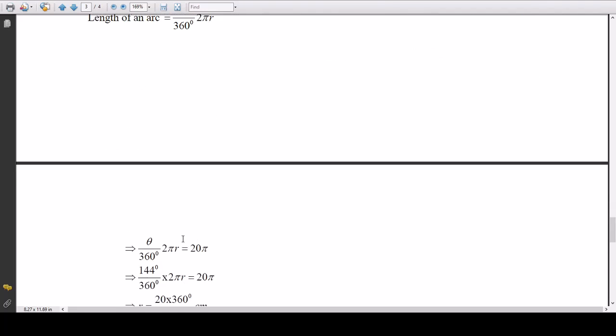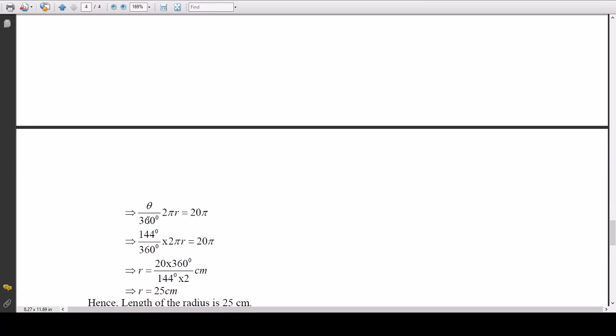Cancelling pi on the left and right side and putting the value of theta, which is given as 144 degree. Cancelling this pi, and then you need to find the radius. Therefore you keep r on the left side.